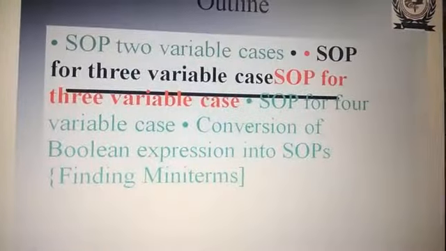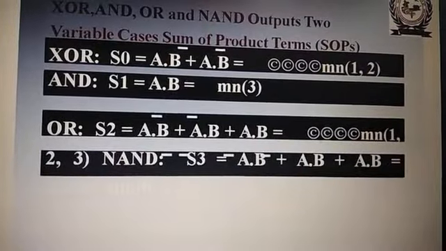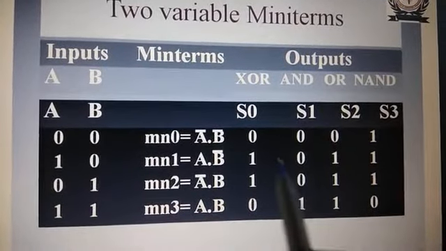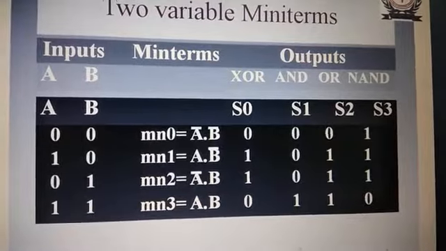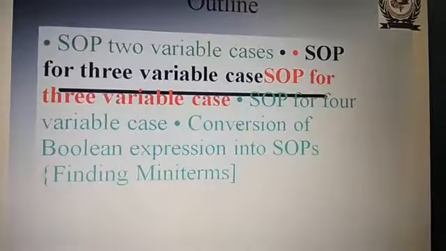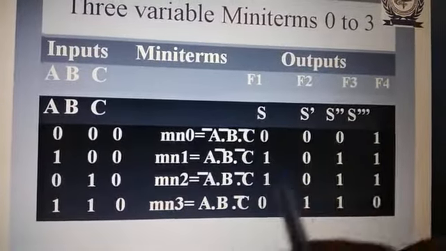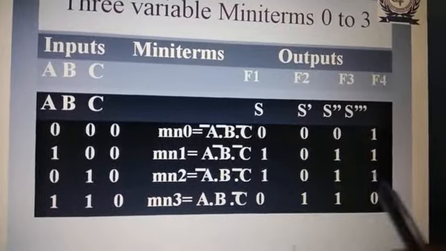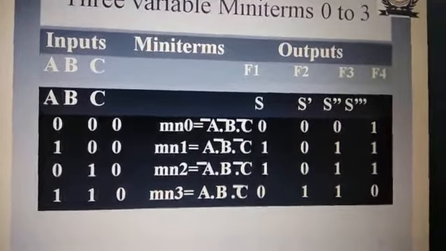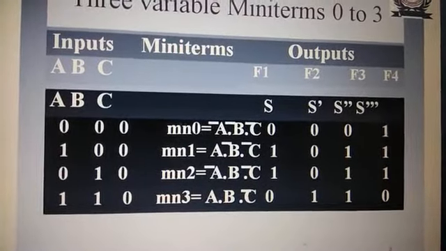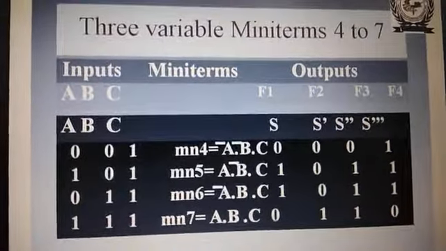As we have already seen here, this is the XOR output, and OR and NAND. Similarly here, XOR, OR and NAND. These outputs can be obtained as sums. So this is the SOP form.